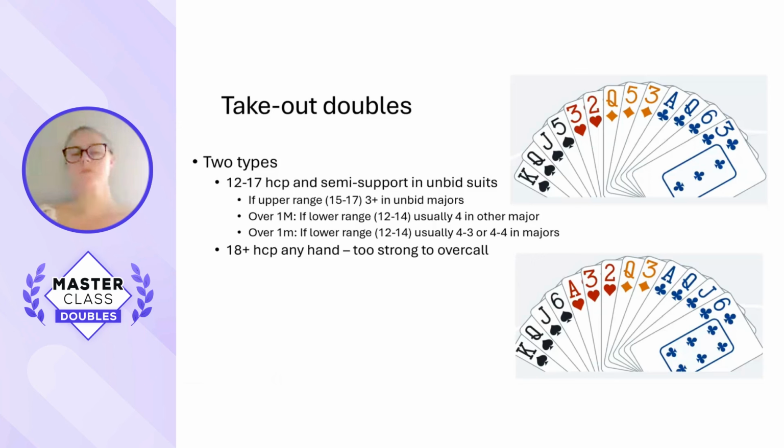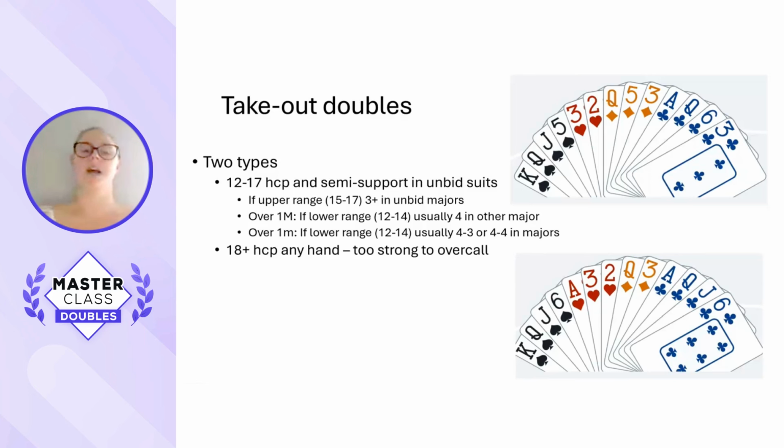It's very common to focus a little bit more on the majors because it's more likely that we want to play a game in majors than in the minors, but we should have some support in all of the unbid suits because our double is asking partner to bid their longest suit that is an unbid suit.